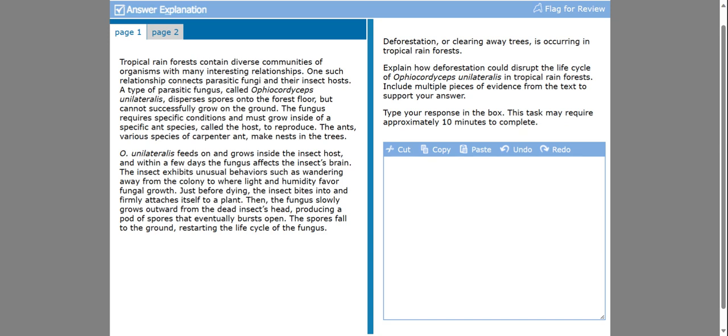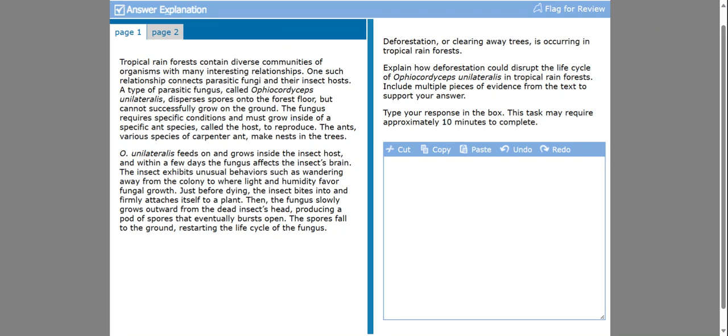So we'll take it from the top, writers, paragraph 1. Tropical rainforests contain diverse communities of organisms with many interesting relationships. One such relationship connects parasitic, like the word parasite, parasitic fungi and their insect hosts. A type of parasitic fungus called Ophiocordyceps unilateralis. So now we've figured out what it means. This is a type of parasitic fungus. It disperses spores onto the forest floor, but cannot successfully grow on the ground.